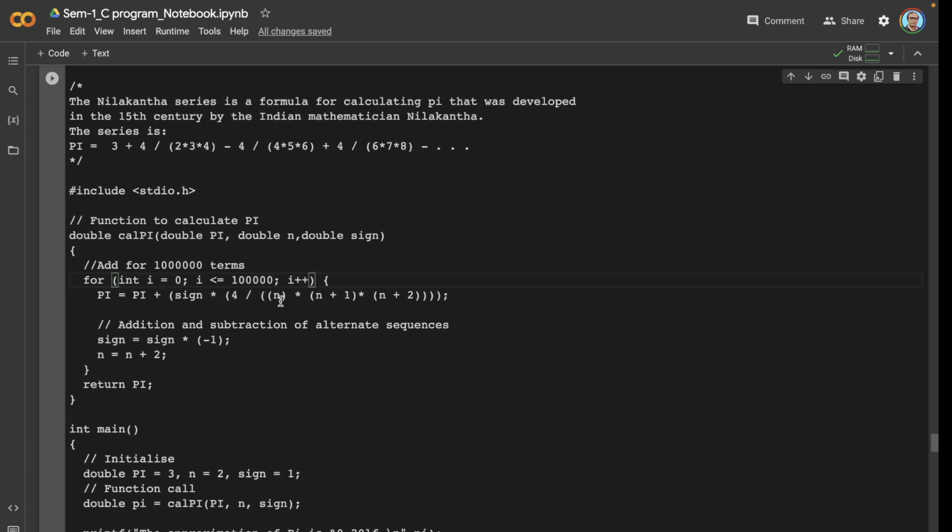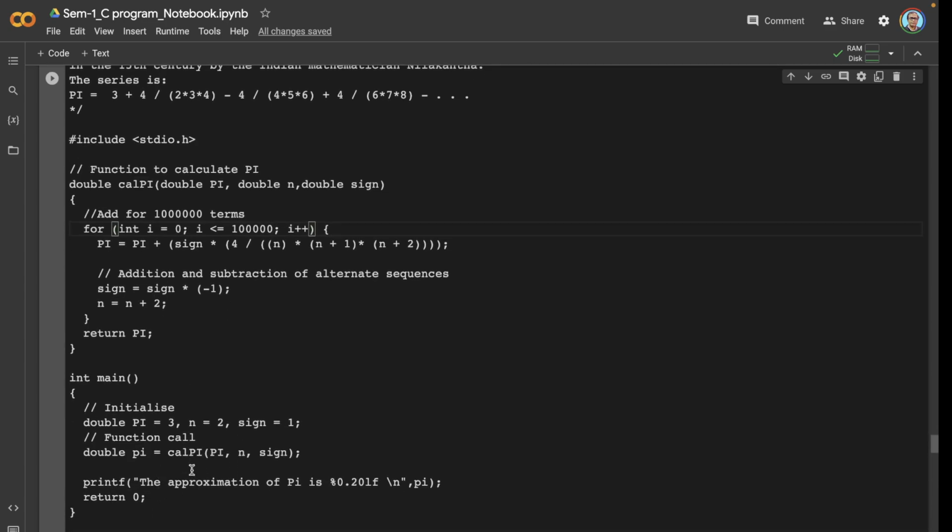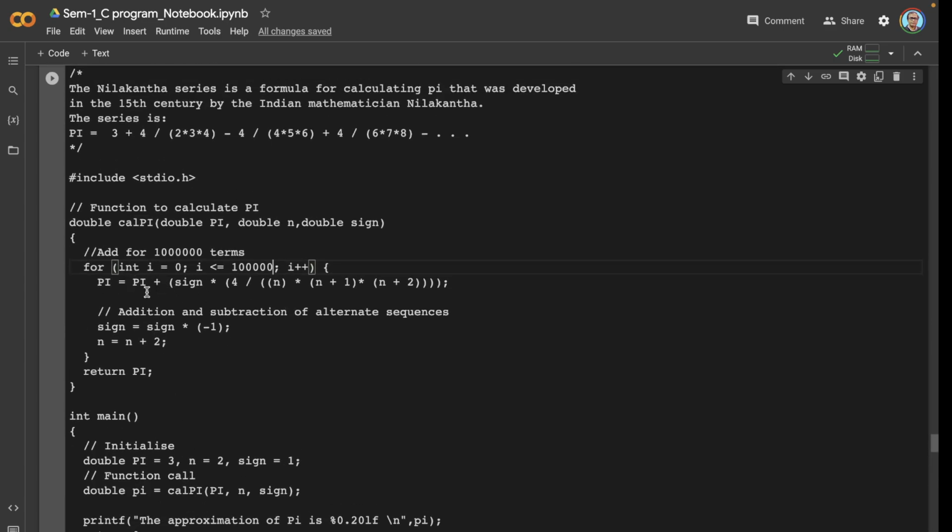So first 2 into 3 into 4. So we get the first term 4 by 2 into 3 into 4. After the increment, I equals I plus 1 and n equals n plus 2. So first n equals 2, then n plus 2 gives 4. Then we get 4 by 4 into 5 into 6. And the function does pi equals pi plus this.